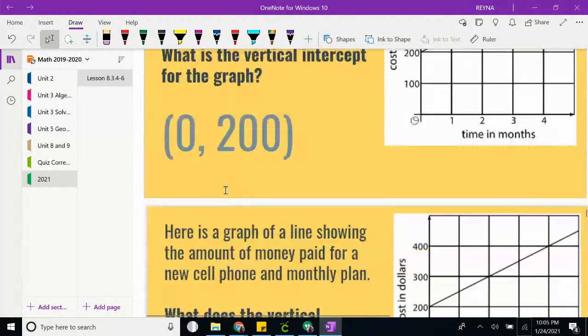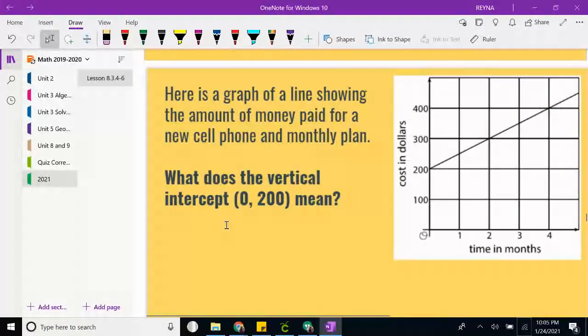Now it says, what does that mean? Okay, well, it says the graph is of a line showing the amount of money paid for a new cell phone and the monthly plan. So we know that they start with 0 months is $200. So before they even start their plan with this company, they have to pay $200. So what do you think that $200 might be?